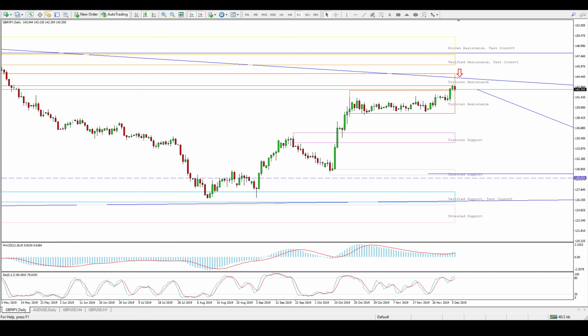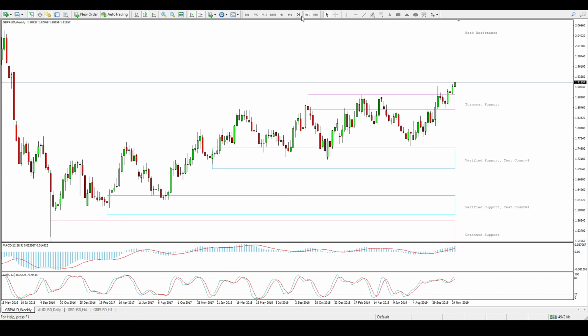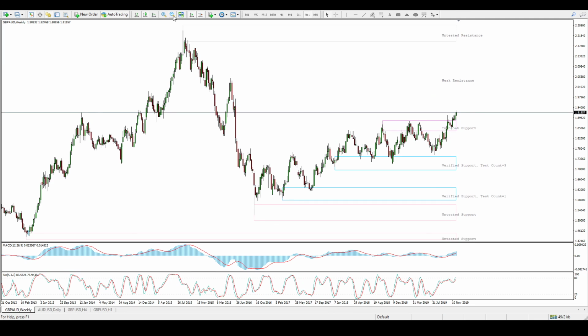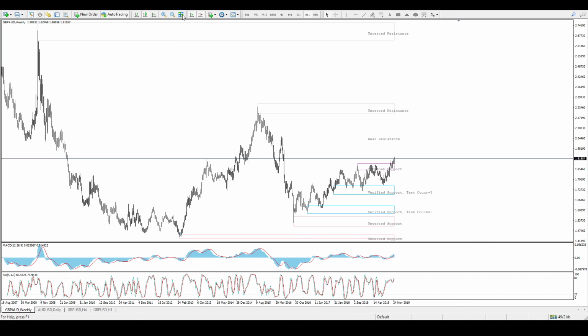Okay, what else do we have to take a look at? Pound Aussie. I also like Pound Aussie always. It's a very good pair. The reason I like it is it's very, very predictable. It always trades in channels.